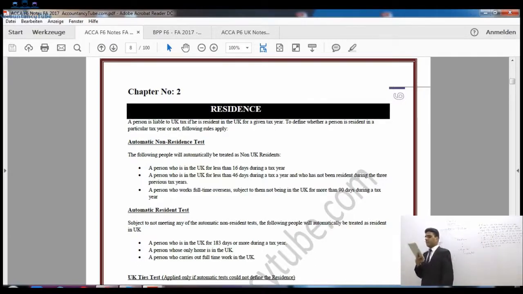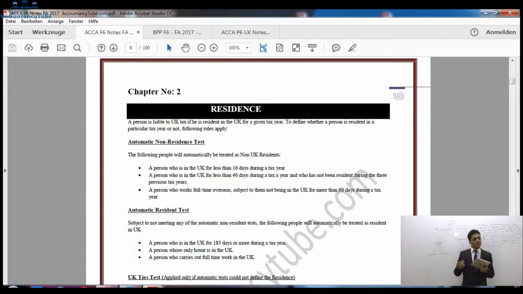The second test says that a person who is in the UK for less than 46 days during a tax year and who has not been resident during the 3 previous tax years. Now this time there are 46 days, so a few more days, but another condition is that you must not be UK resident in the previous 3 tax years. So if you have not been resident in the previous 3 tax years and you spend 46 days or less, then you will be considered automatically non-resident.